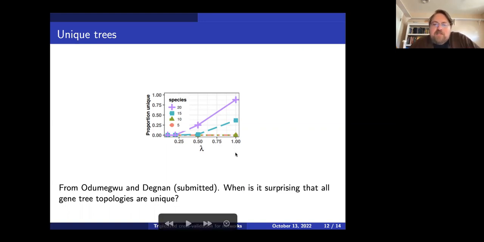Okay, so with a set of 500 gene trees, at least by the time you get to 15 taxa, there's a reasonable chance at higher levels of incomplete lineage sorting that all gene trees would have a unique topology. And for 20 taxa, it's most often the case, at least for higher levels of incomplete lineage sorting, that all gene trees would be unique with 500.